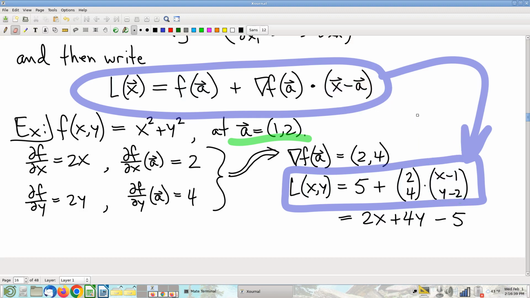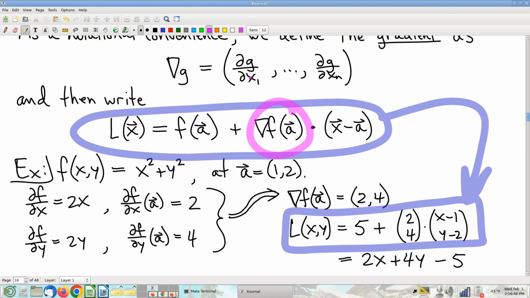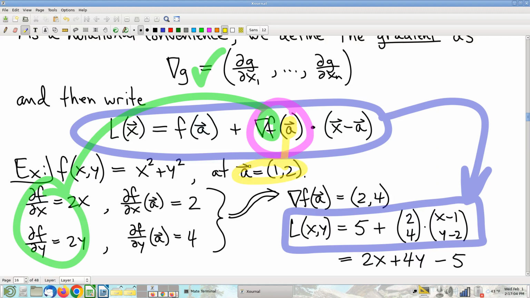And then all that remains is we've got to figure out what this means, gradient of f at a. Well, per the formula that we have up here, gradient is computed by a bunch of partial derivatives. There's 2 input variables here, so we take the 2 partial derivatives. We do have to evaluate it at the point 1, 2.